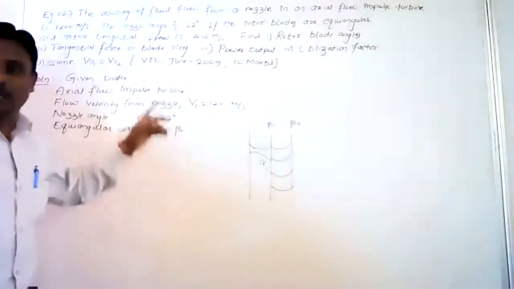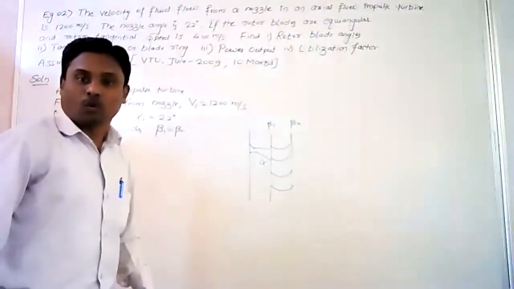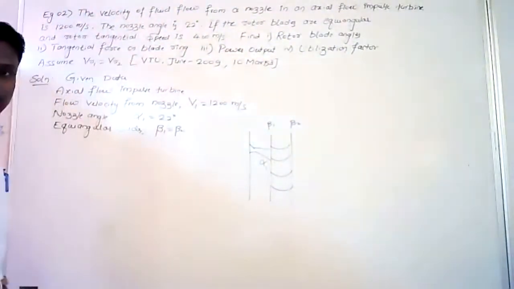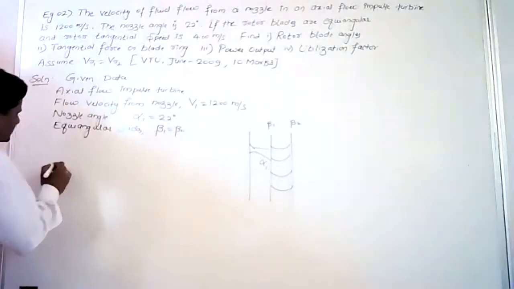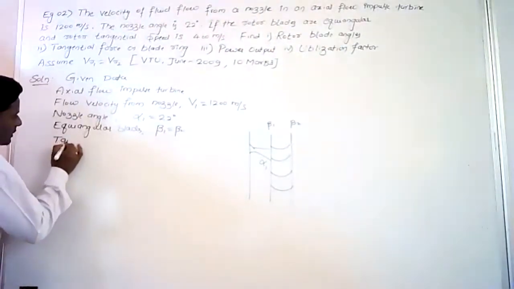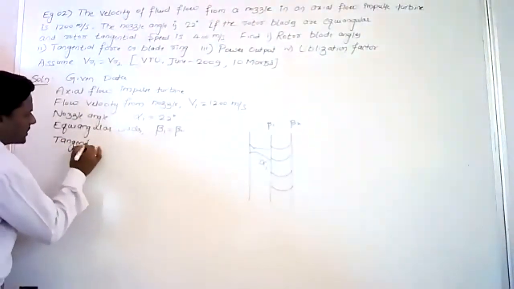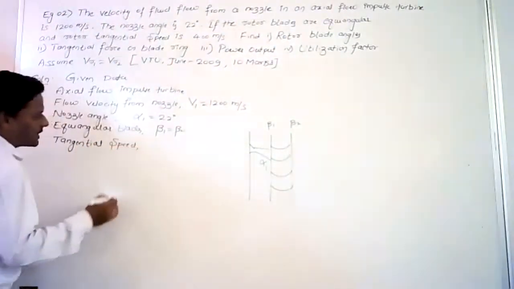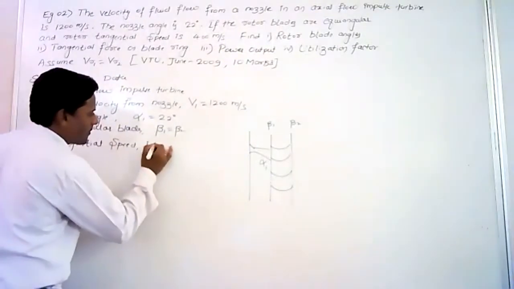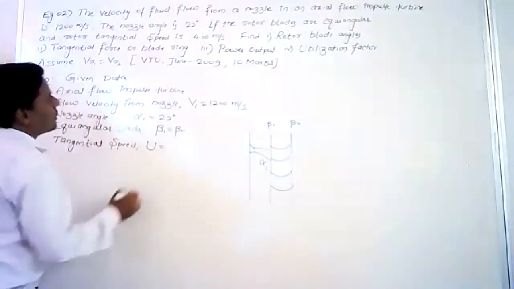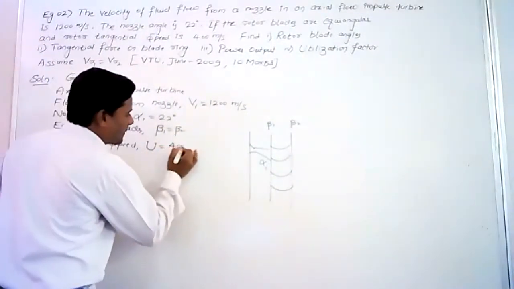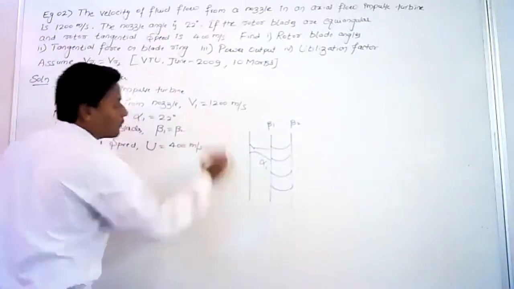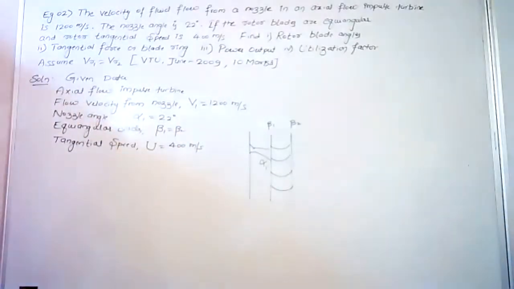Now the tangential speed of the rotor or tangential blade speed is given by capital U equals 400 meter per second.